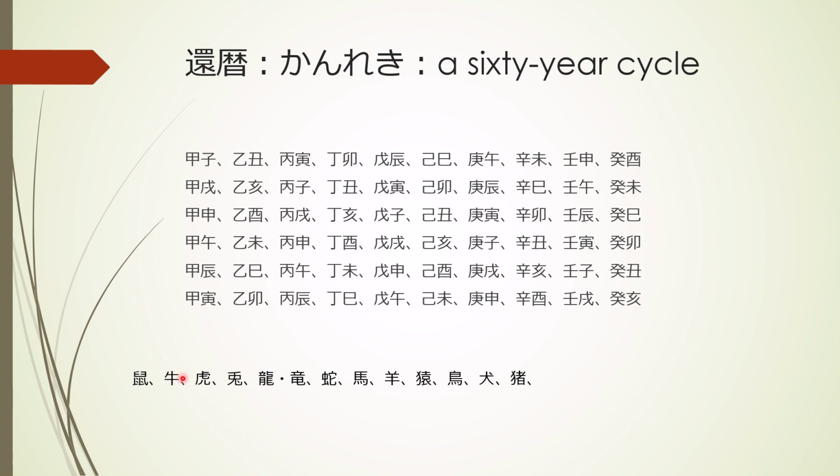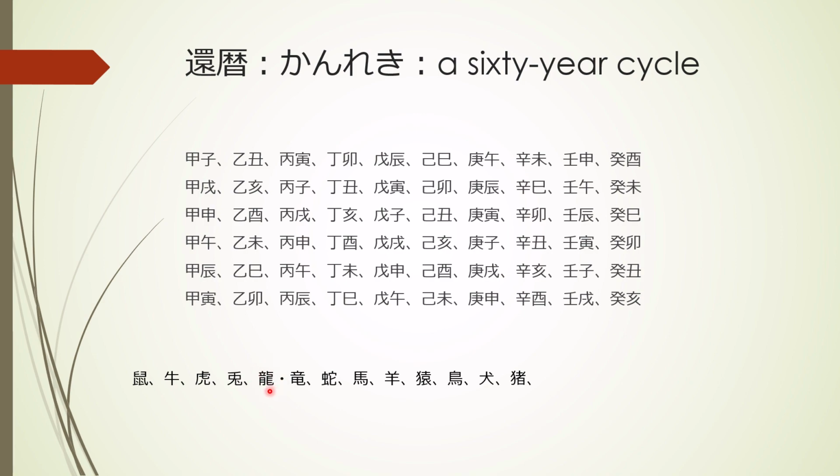This is the regular ushi, cow, in Japanese. Next we have tora. Of course, this tora is very different. Usagi, again, very different. There are some other ways to write usagi as well, but this is the most common. I've included 2 here for tatsu, or ryu, dragon. This is the kyuji for dragon.